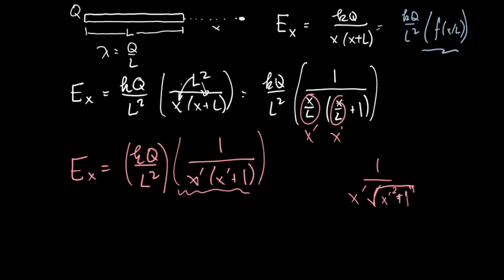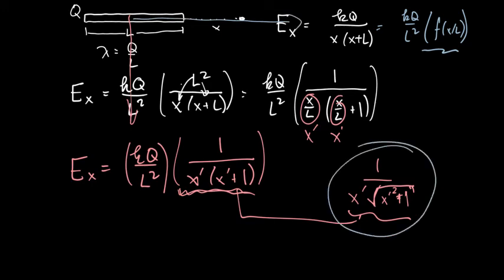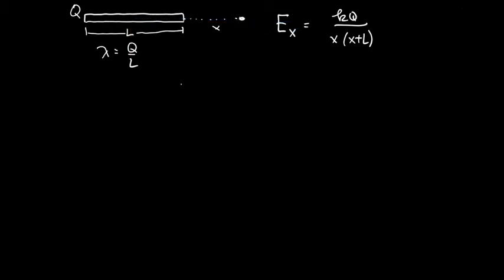So you can see that this function will have a different behavior than this function, and it makes sense that the field should change differently along this direction than it changes along this direction. But we can see that here, and we don't need to worry about the individual properties of the rod.